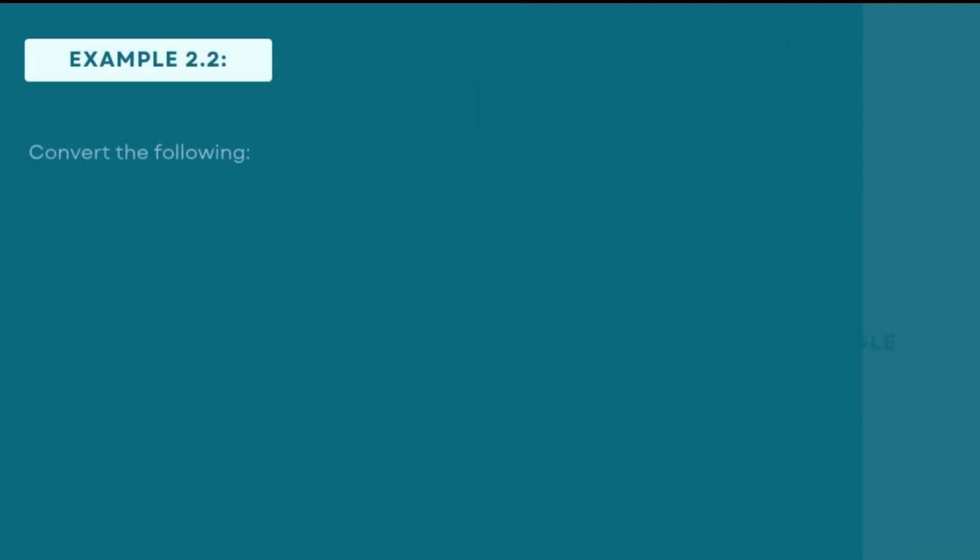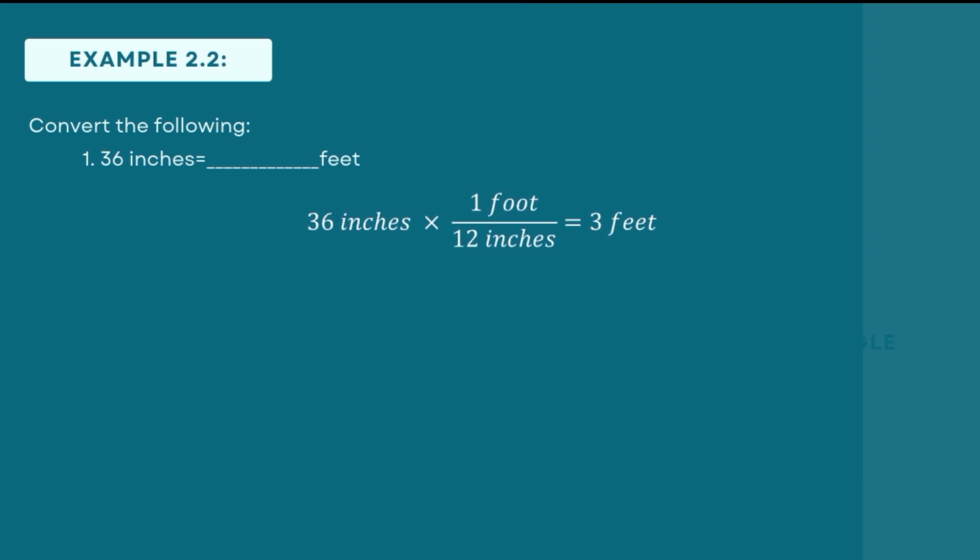So we have here an example. We are going to convert 36 inches into feet. For our solution, since we are going to convert the inches to feet, as you can remember, the dimension is 1 foot is equal to 12 inches. So we are just going to multiply 36 inches by its dimension.